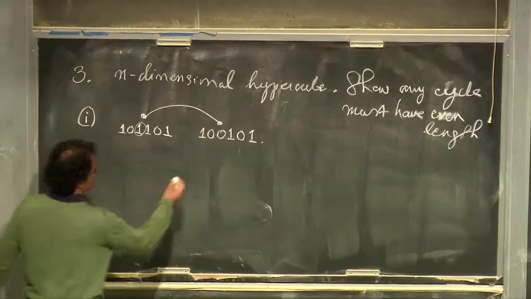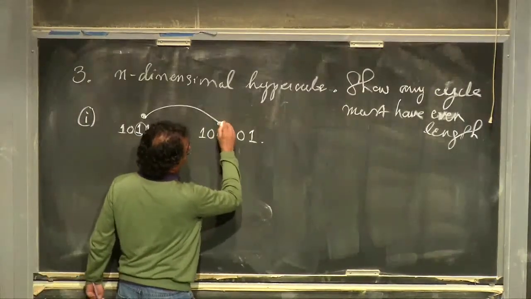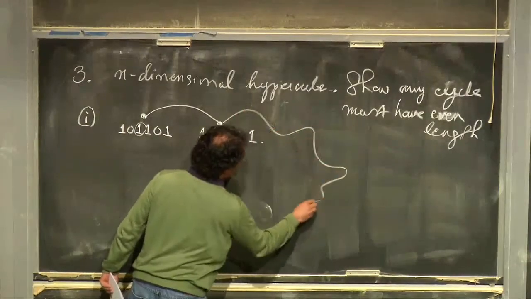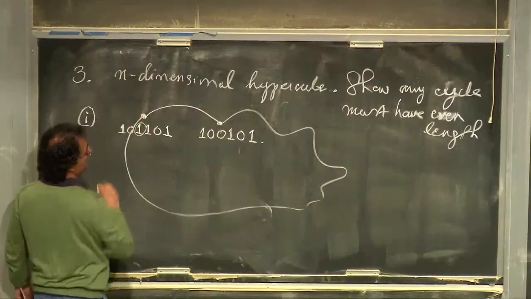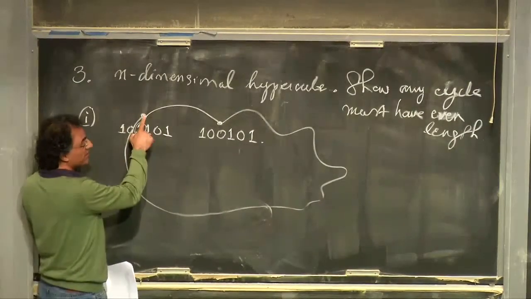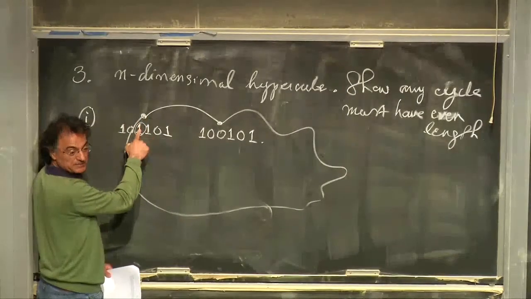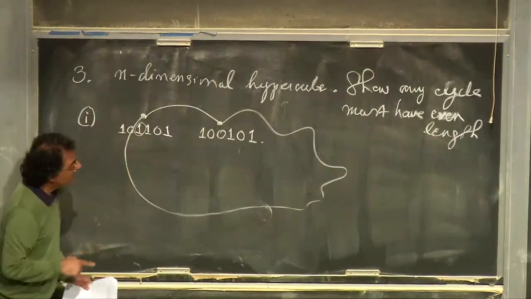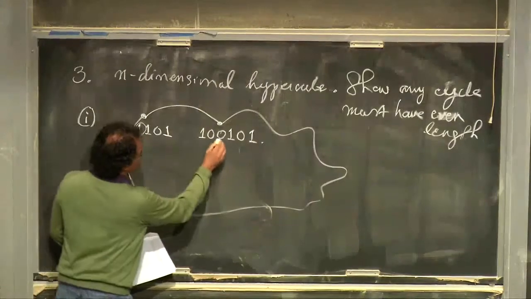So now the cycle, this path goes on, and eventually it's got to double back and come here. Now, one thing you can say is the only way you can come back here is if this bit becomes 1. Along the way, this bit became a 0.